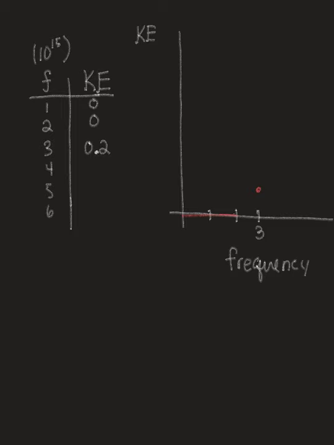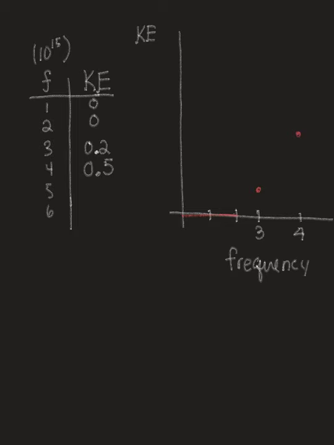And to figure out where that is, I actually need to give you the next data point. Let's say the next data point is at 0.5. So, where's the cutoff frequency? I know it's somewhere between 2 and 3.